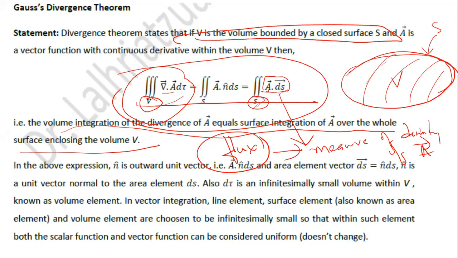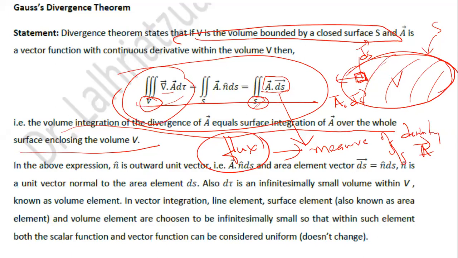So suppose you have a certain surface element here, ds. A dot ds will give me the flux over this surface element.